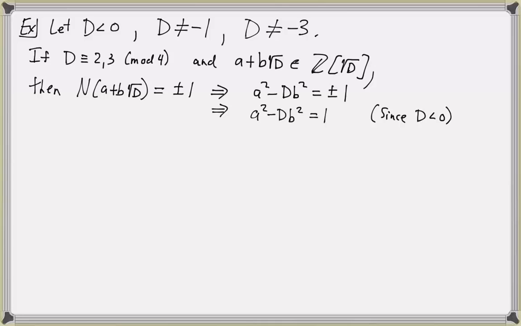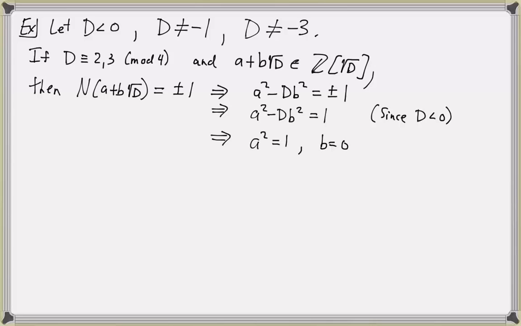And if b is not 0, then the term negative D b squared will be greater than 1. So the only way this can have a solution is if a squared equals 1 and b equals 0.